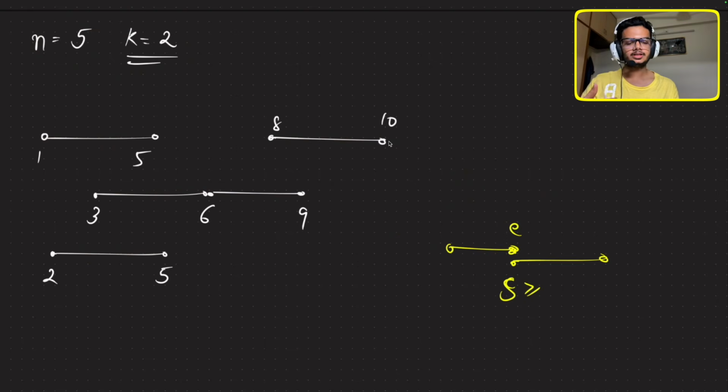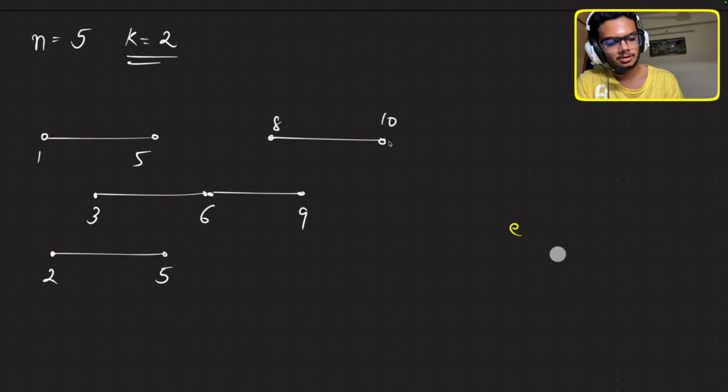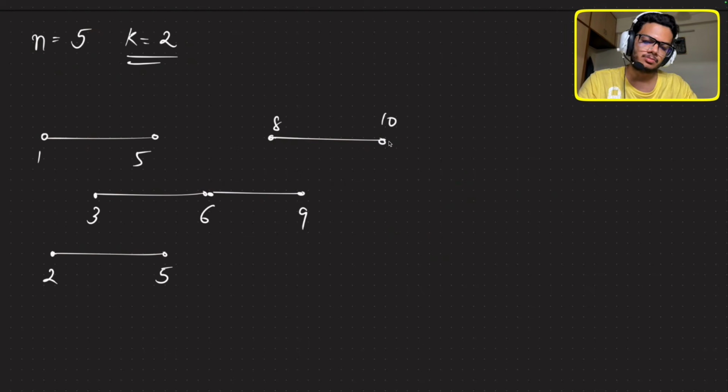So if the next movie's starting time is greater than or equal to the end time of the previous movie this person is watching, then he can watch it. It's different from the room allocation question of this playlist. Here we are starting a new movie inclusive of the end time. That's one important thing. Okay, let's see how we can watch the maximum movies.